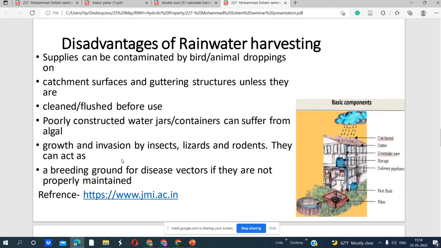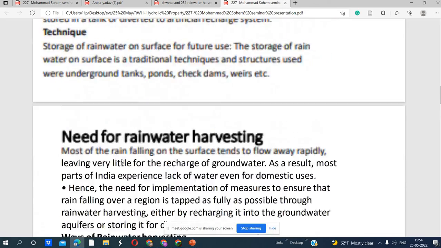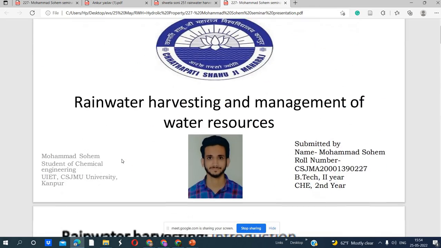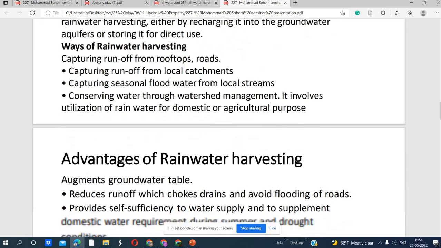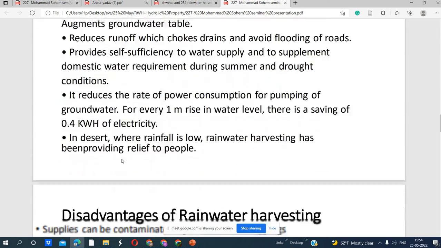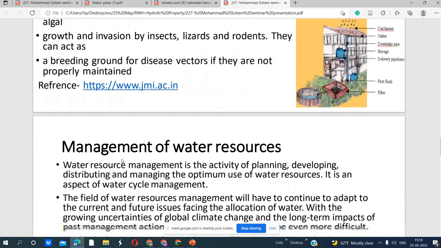Poorly constructed water jars and containers can suffer from algal growth and invasion by insects, lizards, and rodents. They can act as a breeding ground for disease vectors if they are not properly maintained. That's all. Thank you, ma'am, for giving me this opportunity to say something about rainwater harvesting.